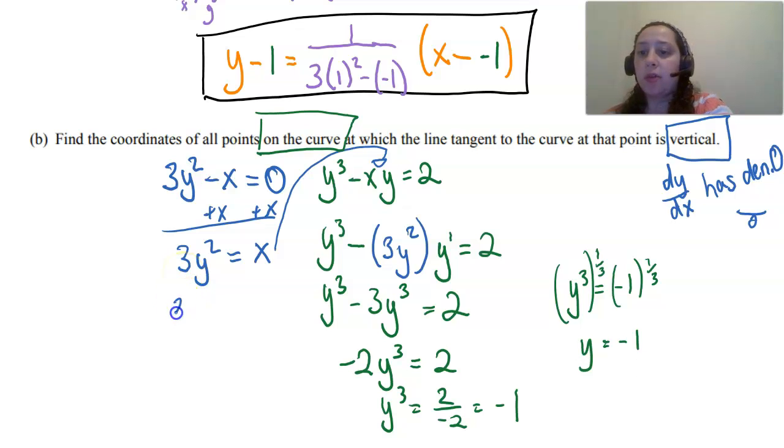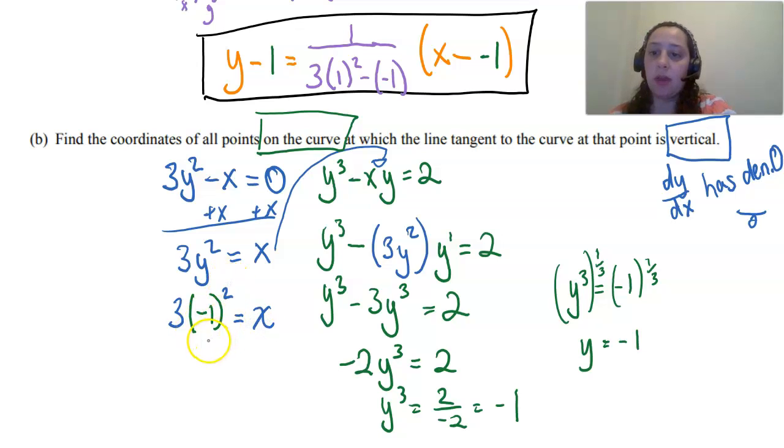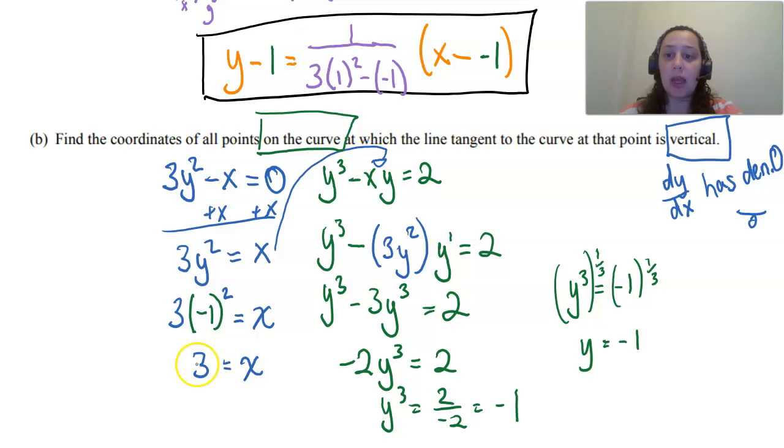So I have 3 times, and instead of y, I'm going to put negative 1 squared equals my x. Negative 1 squared is positive 1 times 3 is 3. So I get 3 equals x. So I'm not done yet because I have to write this as a coordinate.